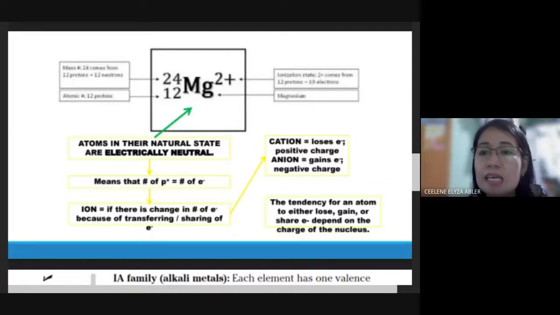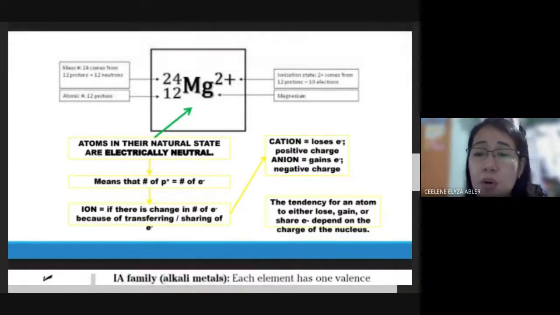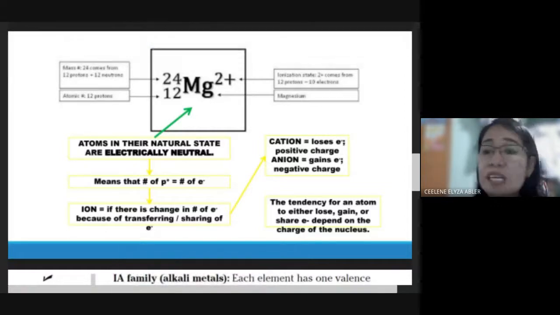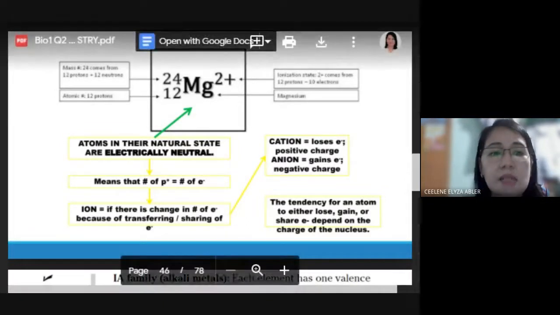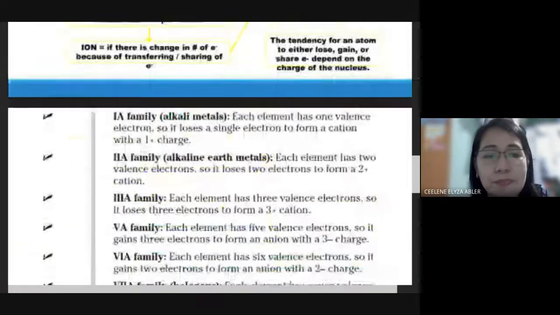So, nagiging cation lamang siya kapag it loses an electron, kaya nagiging siyang more positive, and it becomes an anion when it gains an electron because it is more negative. Okay? So, yun ang meaning ng mga ions natin. So, they become ionic compounds because they gain or lose electrons.